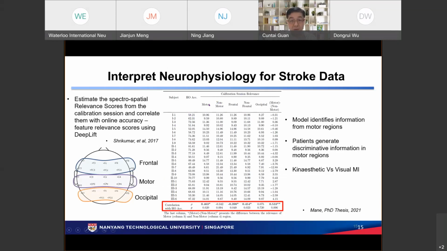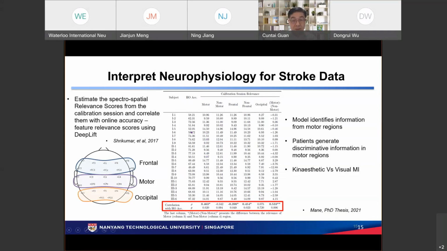We divide into motor and non-motor; these two altogether are all the 27 channels. Then we also look at the frontal and the occipital. These are the average relevance scores of each subject, from the calibration session only. This score is not using the online data, only the calibration data.